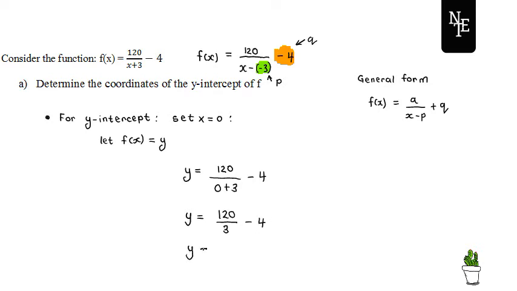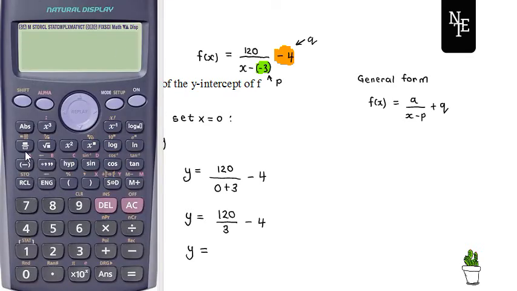I'll just evaluate this on a calculator. So we have 120 divided by 3, and then we need to subtract 4 from that. That gives us a y-intercept at 36.